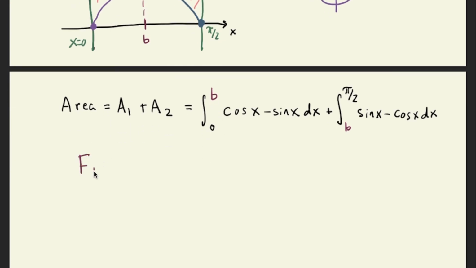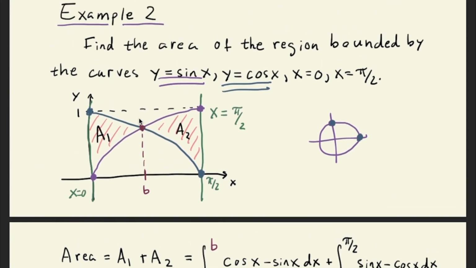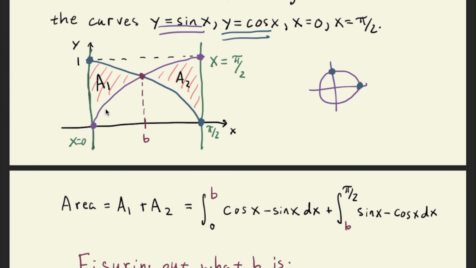So figuring out what b is is a similar process. Well, what is b? It's the x-coordinate of this point here, which is the intersection of these two curves. One way of seeing this: b is the x-coordinate.